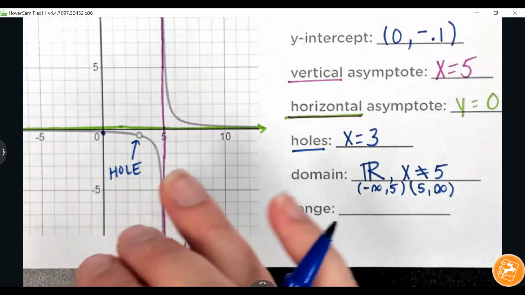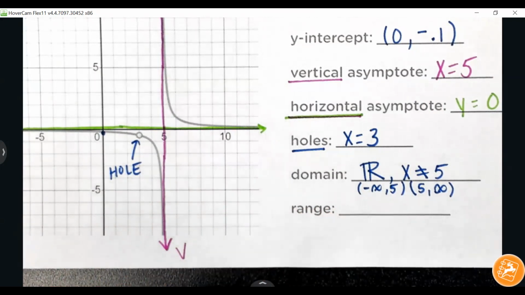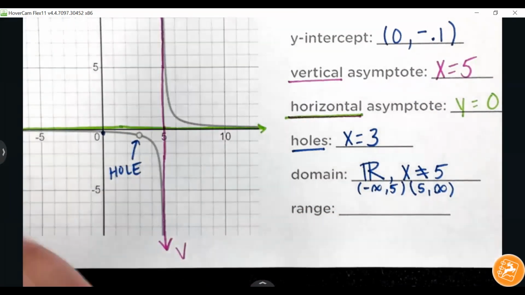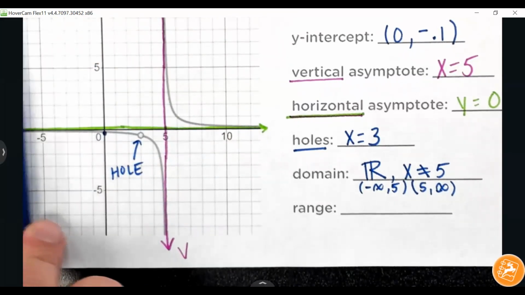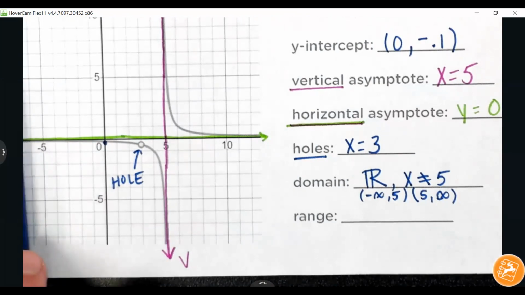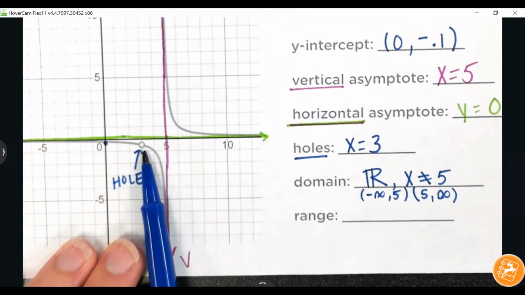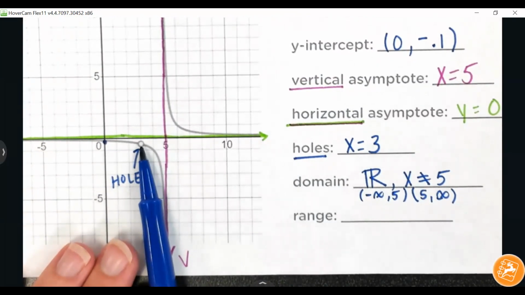This problem is special because it also cannot equal another number. Does anybody know what number it also cannot equal? Why 0? But I don't care about that. That has nothing to do with going this way, right? Okay. If I come here, what do I get to that my graph doesn't exist at? That hole, which is 3.